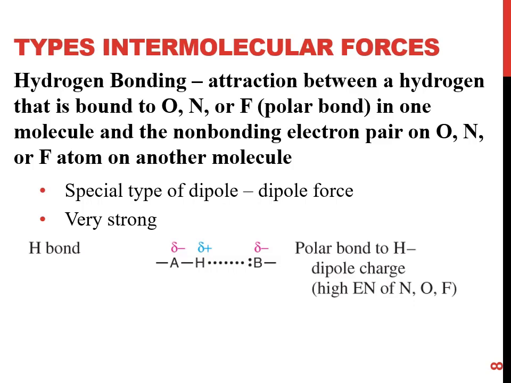That hydrogen atom, because it is so partially positive, is highly attracted to the lone pair of electrons on another oxygen, nitrogen, or fluorine in a different molecule. So we're still talking about two different types of molecules. Water is one of the best examples of hydrogen bonding. The hydrogen in one water molecule is highly attracted to the lone pair of electrons on the oxygen atom in a second water molecule.